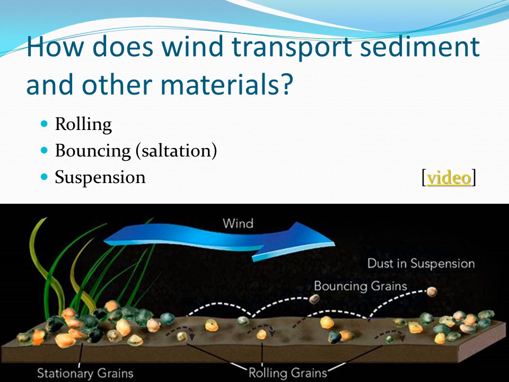And then for the much smaller material, finer sediments such as dust, silt, and salt can be suspended in flowing air, meaning wind, and can travel thousands of kilometers. So these dust storms that we get here can travel a huge distance.